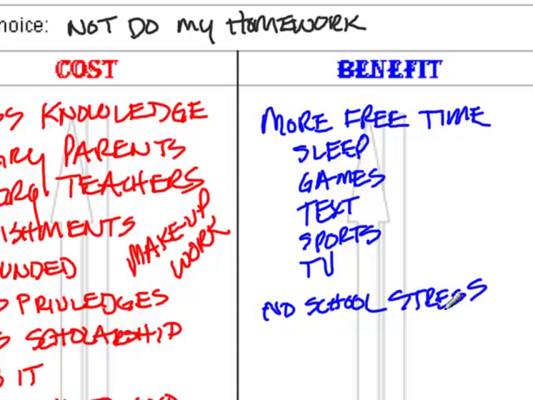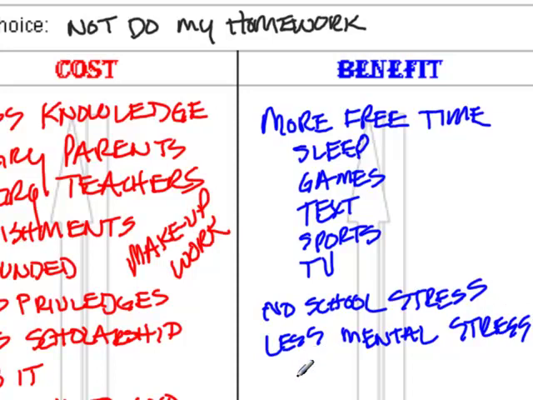Now, of course, this again is a temporary thing, right? Because once the makeup work starts, then you have more school stress than if you just did your homework. Okay, let's call it less mental stress. Okay, are those legitimate things that you skip when you skip homework? Yeah, until the makeup work starts, and then you have more mental stress.